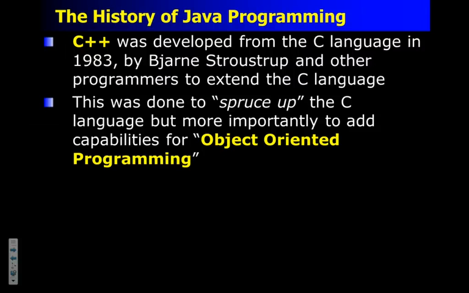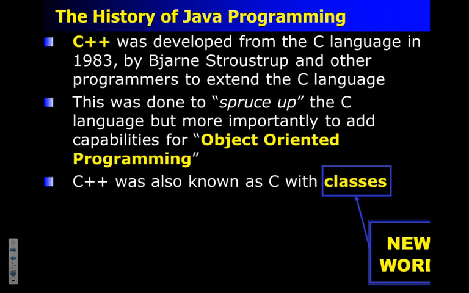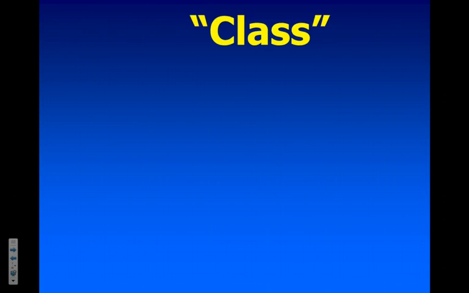So to take C and make it into an object-oriented programming language is what C++ was. Okay? The other name for C++ was C with classes. So here's that word coming into play. The idea of C++ was to take C and extend it into this new idea of making classes.